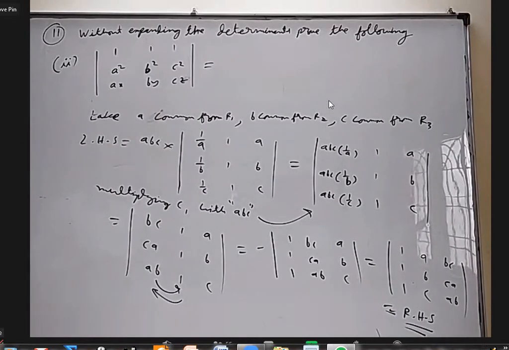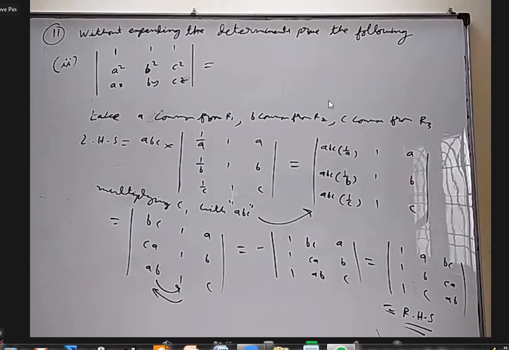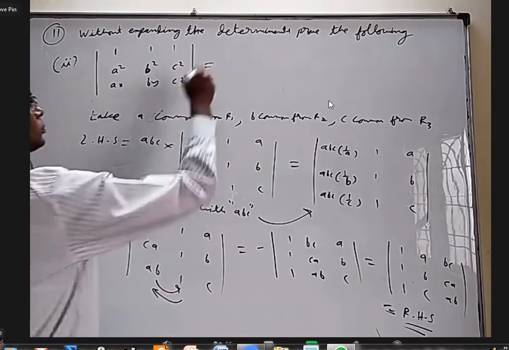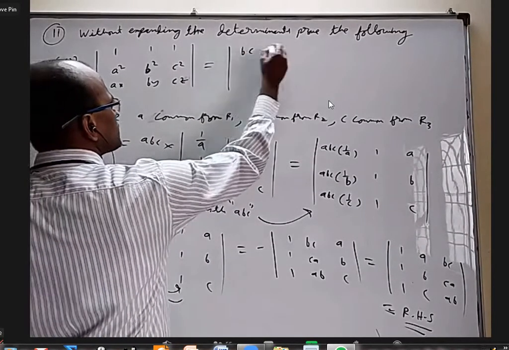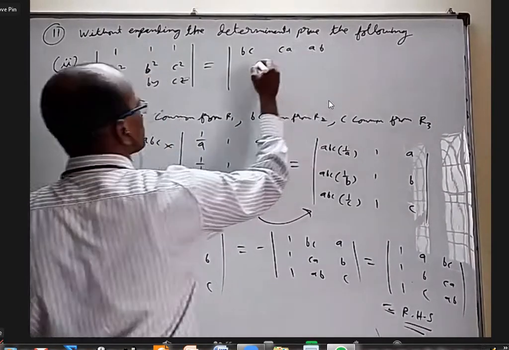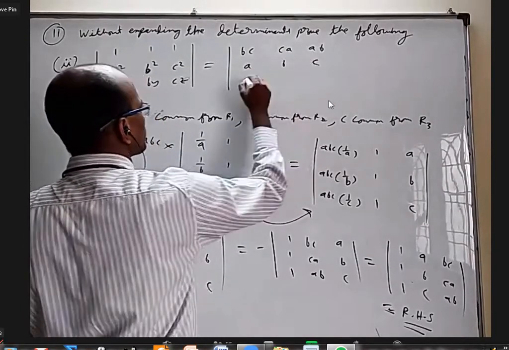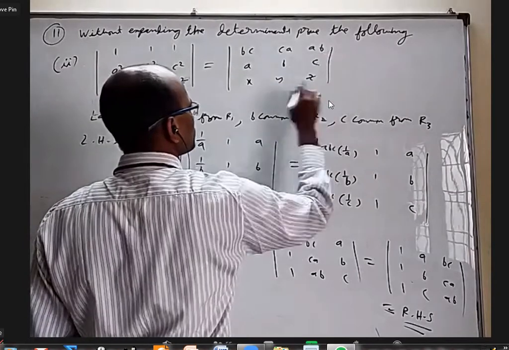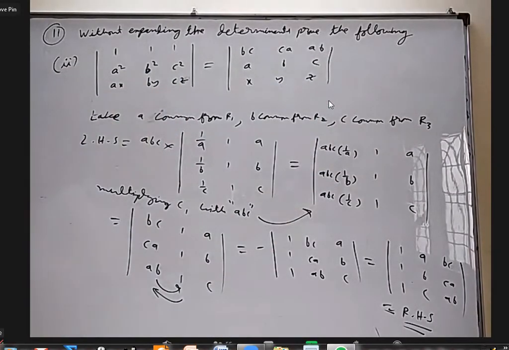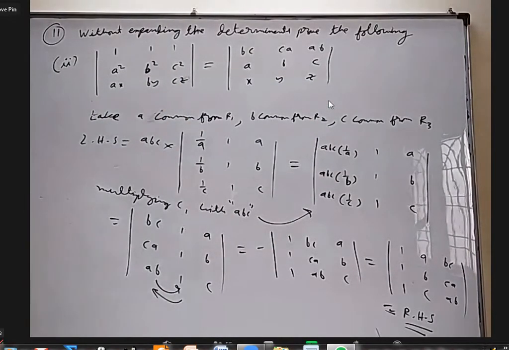What is it you can do? BC, CA, AB, ABC, XYZ. Okay, try to prove these are equal.